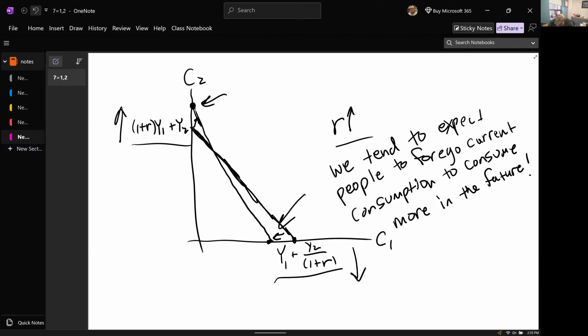And when interest rates rose, we now have this new intertemporal budget constraint. Now, this is still a linear line, but I'm just drawing it here. So pivot in here.